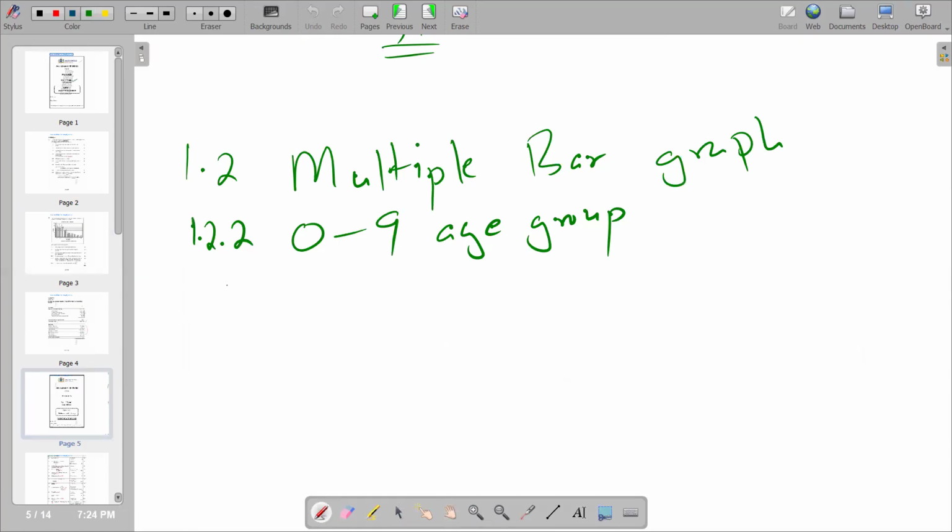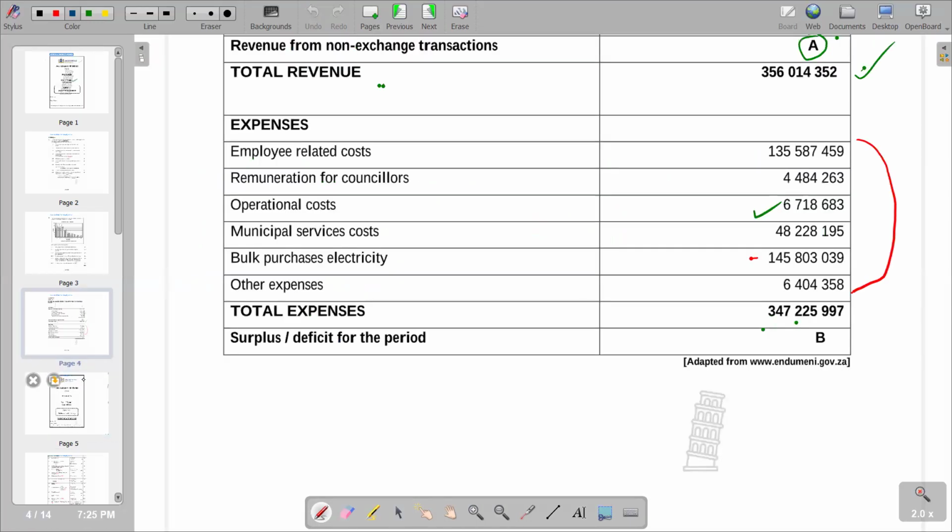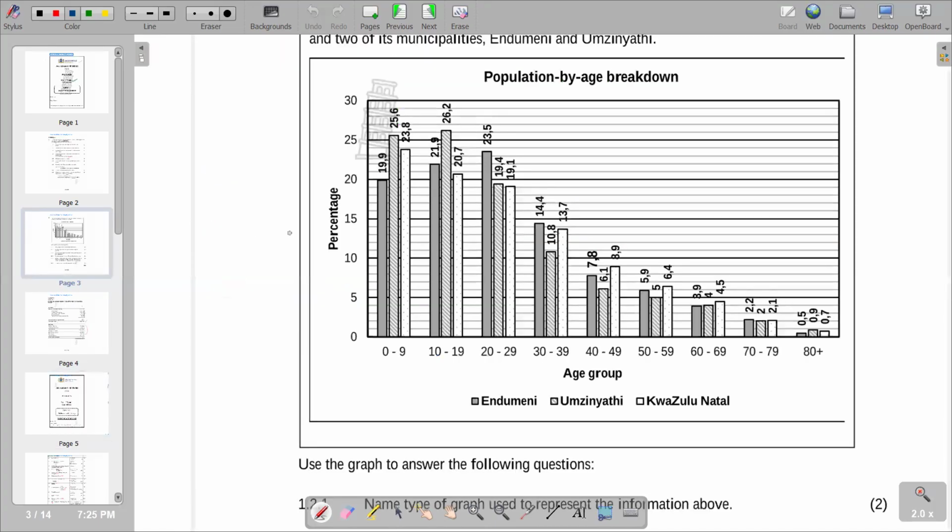We say this is our 1.2.3. We just present it as such. Remember, we are saying our first figure is 26.2%, and then we subtract 21.9%.